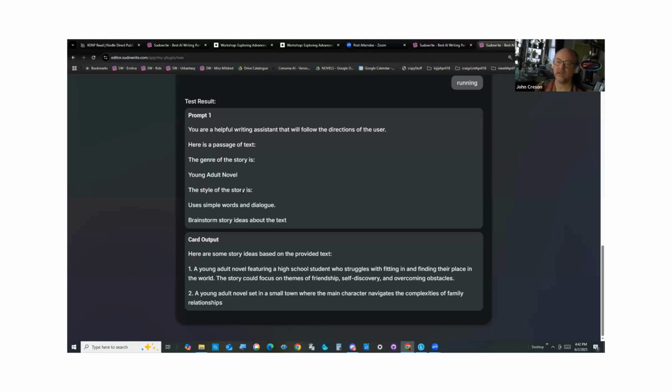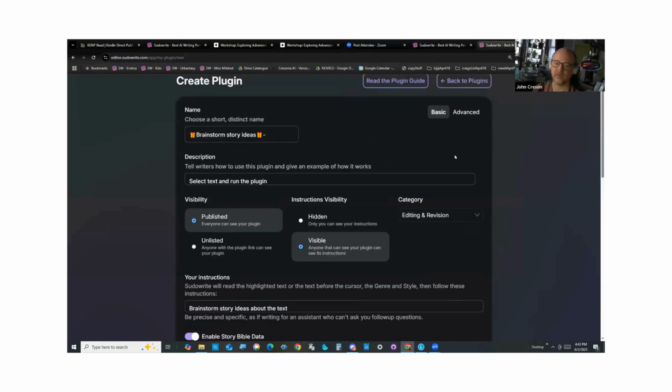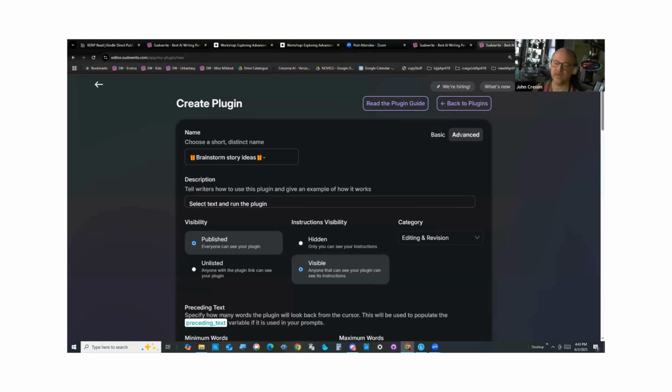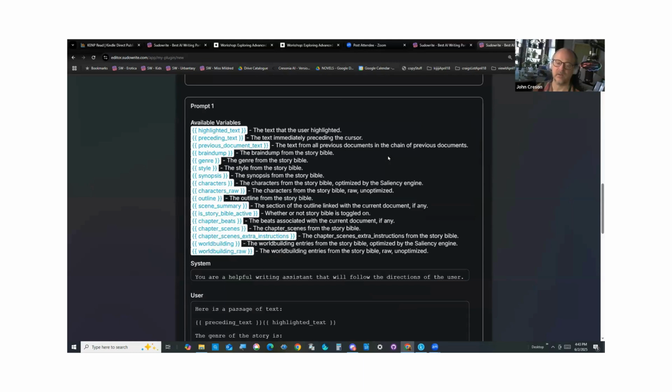But it's not looking at the characters. It's not looking at this brain dump. So you have full control over what you're sending by using this editor. Okay, and then we made it advanced. It opens up a lot of scary boxes, and I was going to start on that.